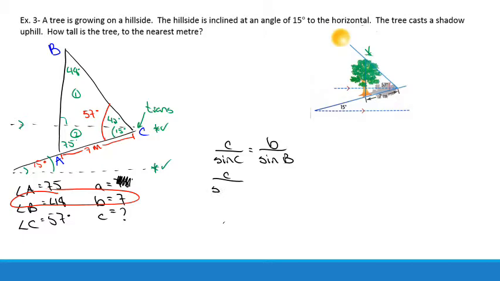C over sine 57 equals B, which is 7, over sine 48. I can do my half cross multiplication because I've done my little trick where I put my unknown on the left. C then equals 7 times sine 57 all over sine 48.